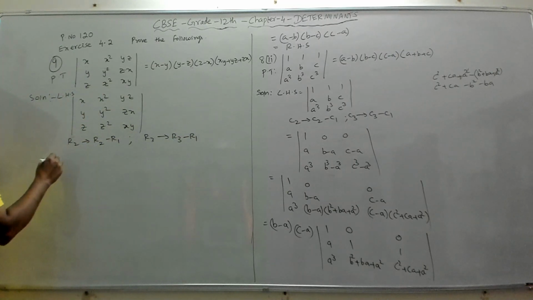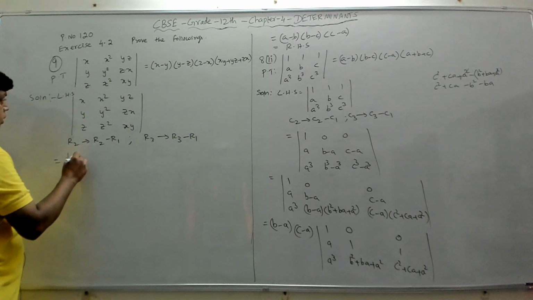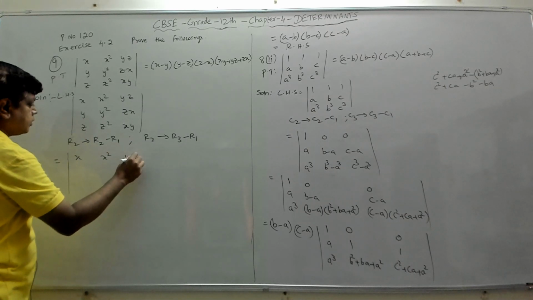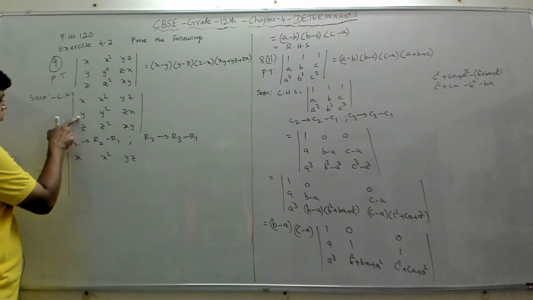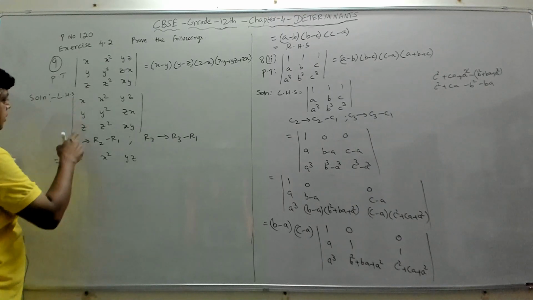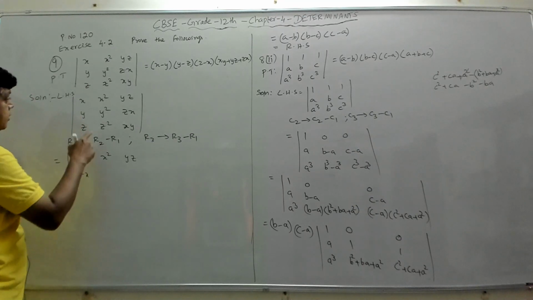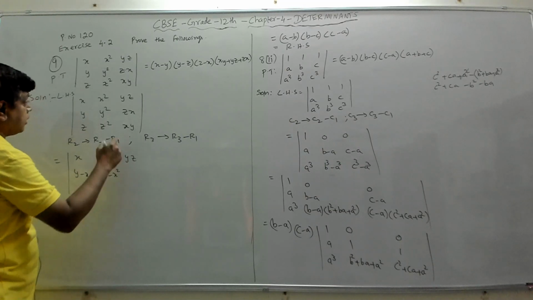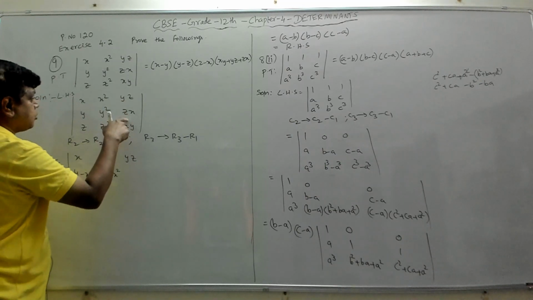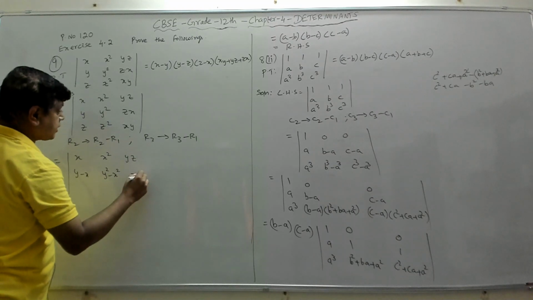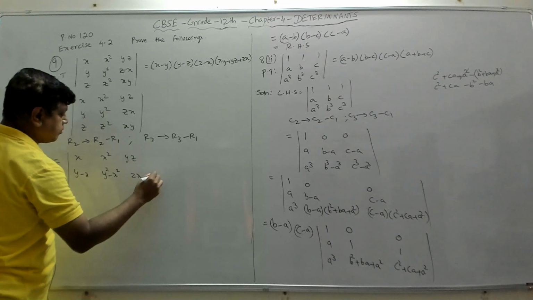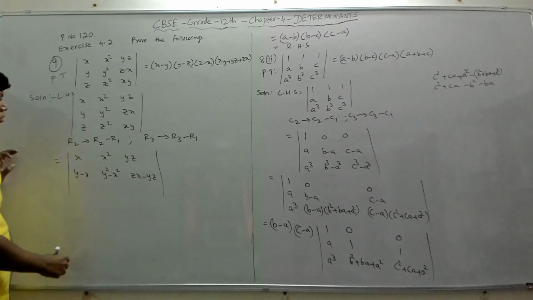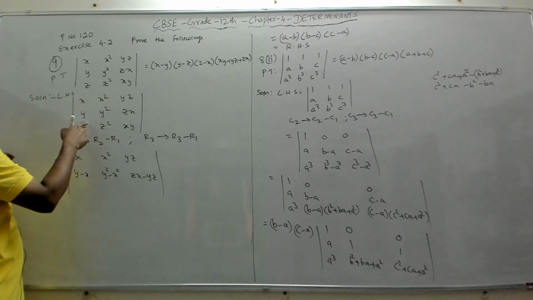So my determinant becomes, row 1 no change, row 2 becomes row 2 minus row 1: y minus x, then y square minus x square, and zx minus yz. This minus this, this minus this, this minus this.